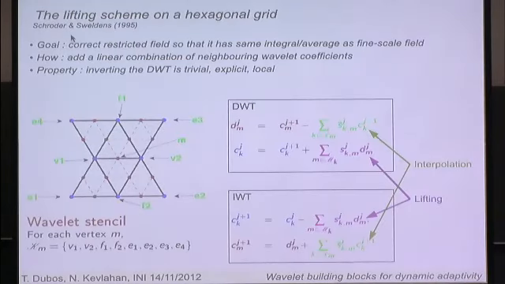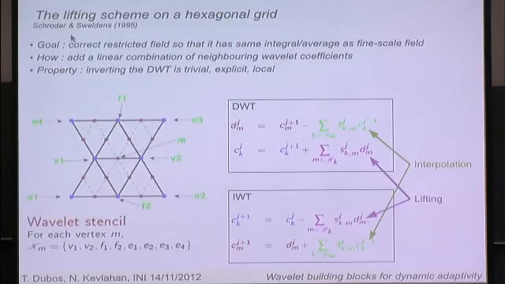Okay, so in more formal terms, if I'm on a hexagonal grid, so what I've done for the moment is I have some interpolation formula which takes some linear combination of my blue points. So these are the coarse hexagons. So actually I'm just using a centered average between these 2 points. And that defines my wavelet coefficient. And now the lifting step is here. I will take this detail coefficient and I will add a fraction of it to each of its neighbors.